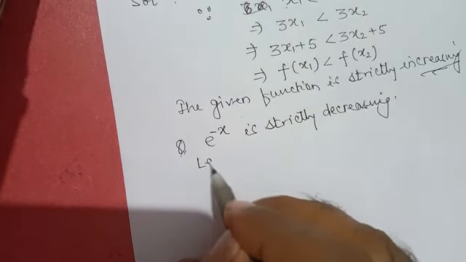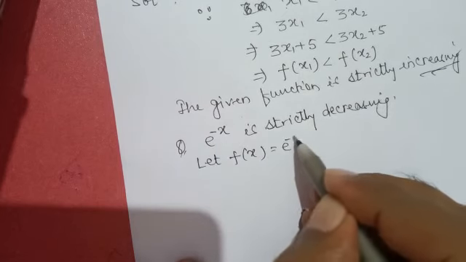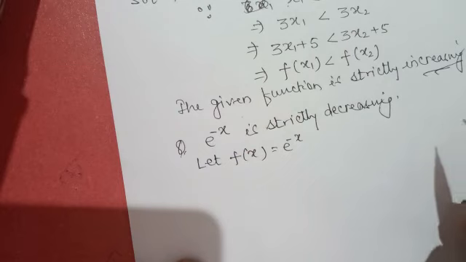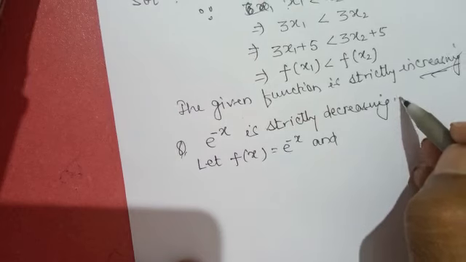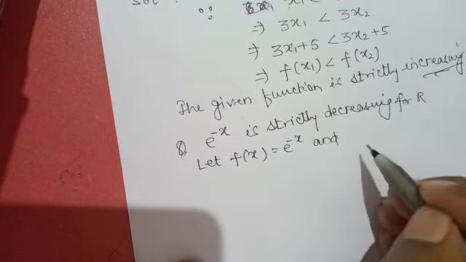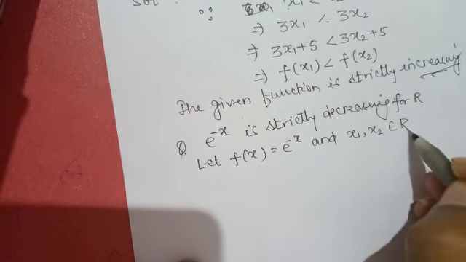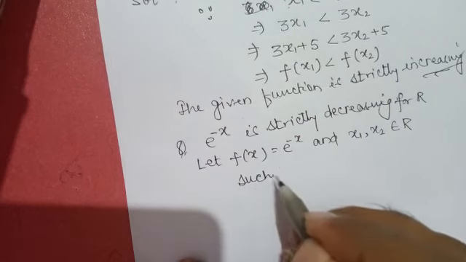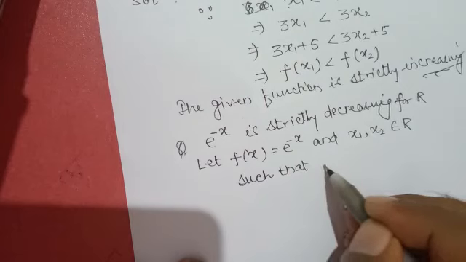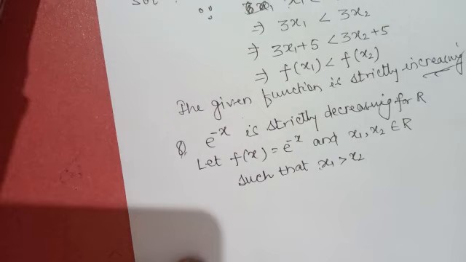So let f(x) equal e to the power minus x, and consider x1 and x2 be two elements that belong to R such that x1 is greater than x2.